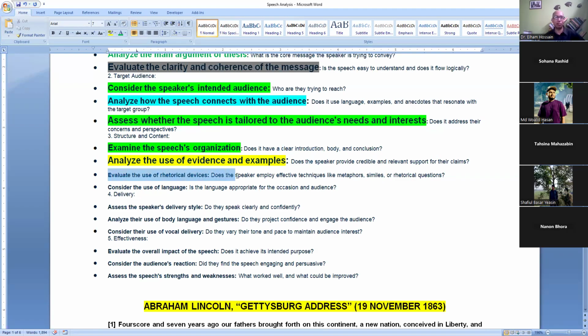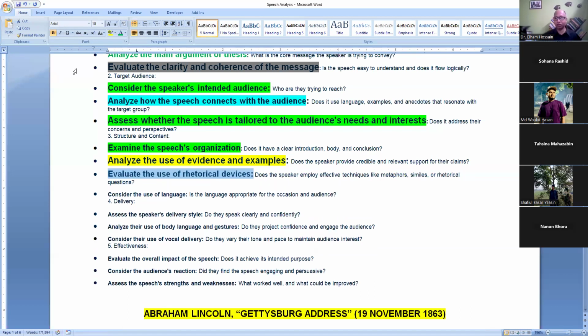The next point: evaluate the use of rhetorical devices. As I have already told you, rhetorical devices are very important. Your speech should sound melodious, musical.